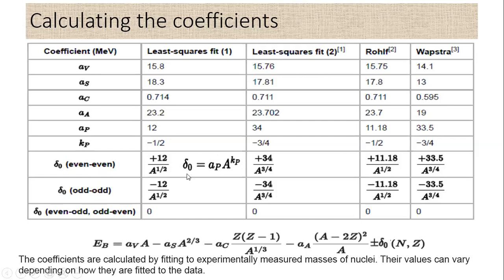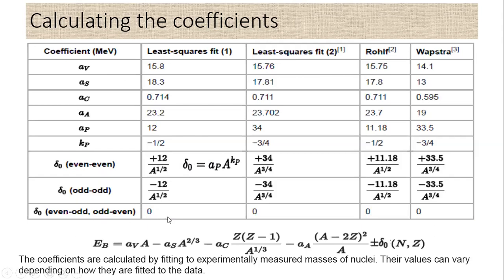So you can just put in the value of A and get the value of the pairing term. If there is an odd-odd combination, then of course just the sign will change and the rest will remain the same. And in the other case, even-odd or odd-even combination, there is zero contribution of the pairing term towards the binding energy formula.